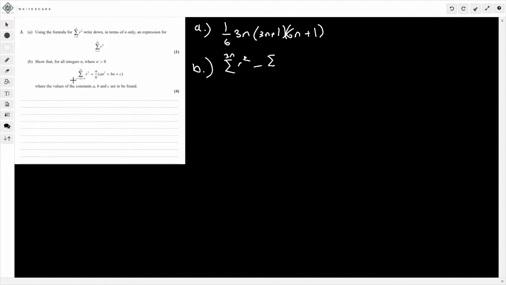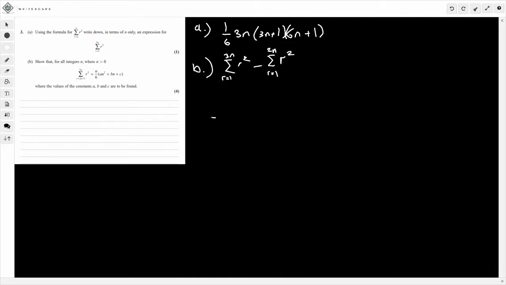The next one below that is going to be 2n, so going up to 2n, again of r squared. Both of these are r equals 1. We're going to subtract these, and once we've done that, we've obtained the sequence r squared, starting from 2n plus 1 up to 3n.